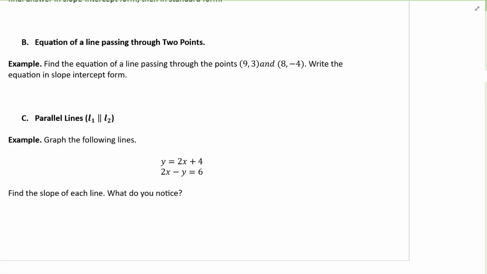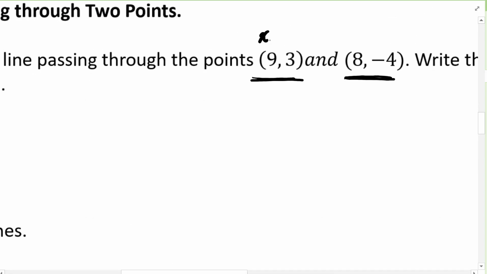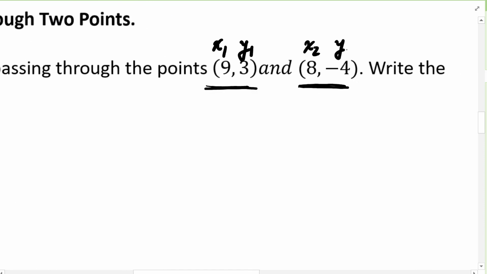Now let's take a look at another equation of a line passing through 2 points. It says, find the equation of a line passing through the points 9, 3 and 8, negative 4. Write the equation in slope-intercept form. So let's call these x sub 1, y sub 1, x sub 2, y sub 2.